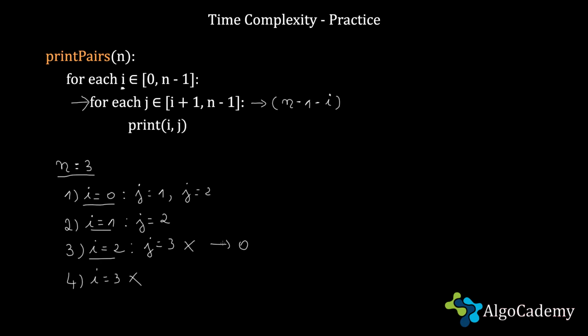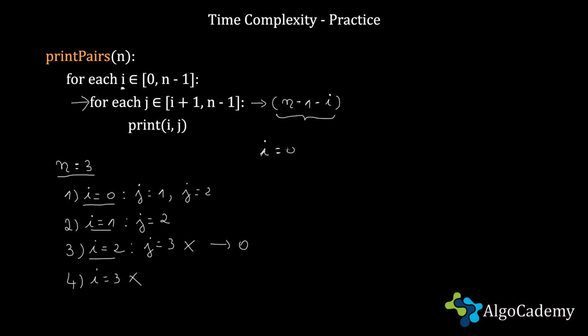And now think about this. For each and every value of I, you actually make this many operations. So what I have to do here is take each value of I from 0 to n minus 1, and for each value of I, add to the total number of operations this number, right? So again, let's say we take I equals 0, right?